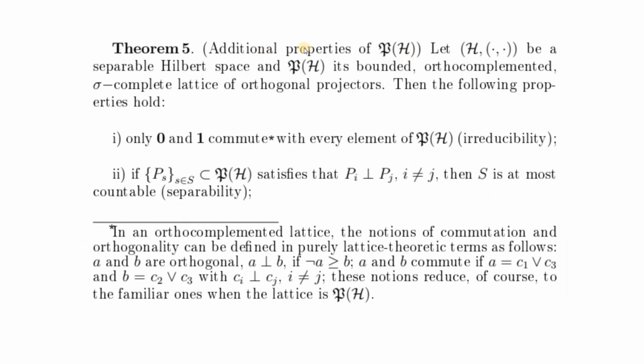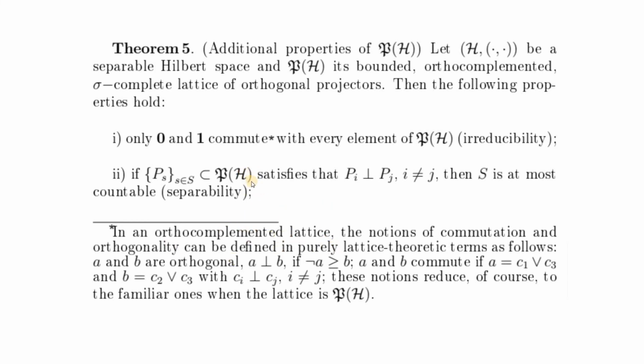And the additional properties are the following. Only 0 and 1 commute with every element of the lattice, and you can define the commutation in purely lattice theoretical terms.